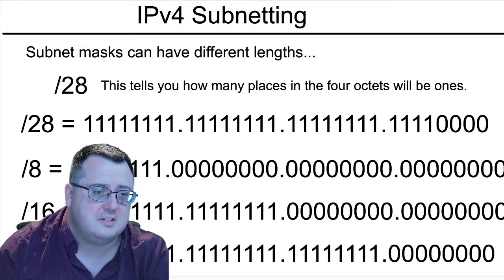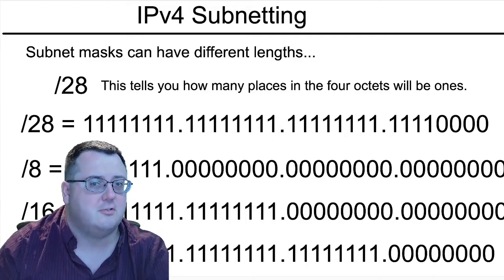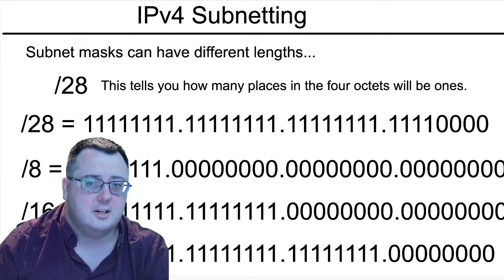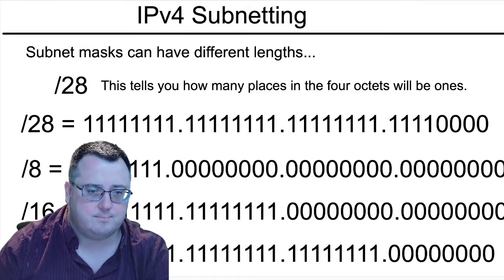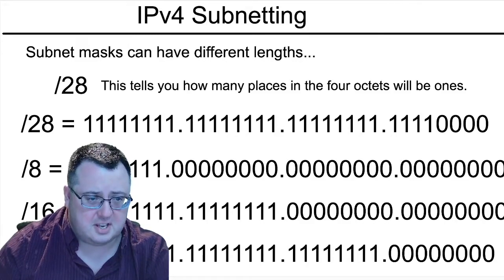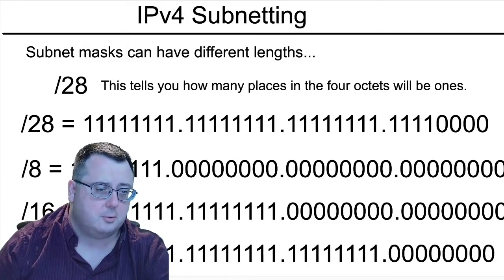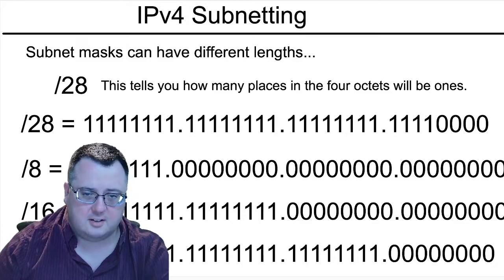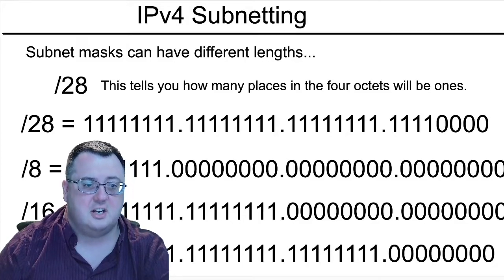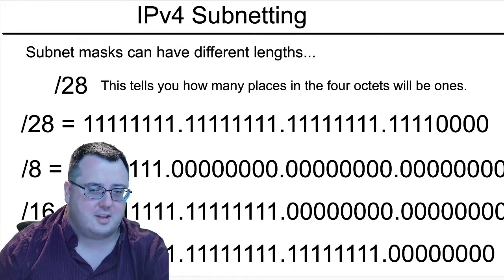As I said, with /24, all of your first 3 octets will be 1s, and then with /28 there will be 4 more 1s in the 4th and final octet. You can see here I've spelt out /8, /16 and /24, which are the Class A, B and C subnet masks. You can see that there are a lot of 1s in the /8, /16 and /24, more so in the /24 than the others.